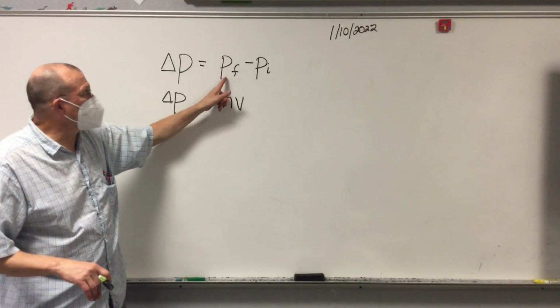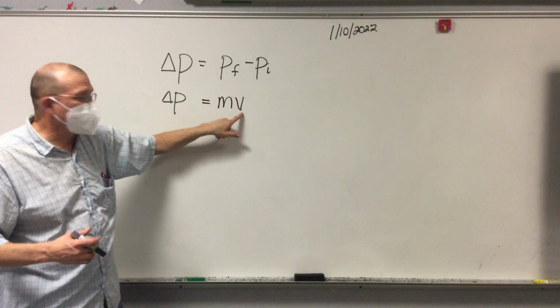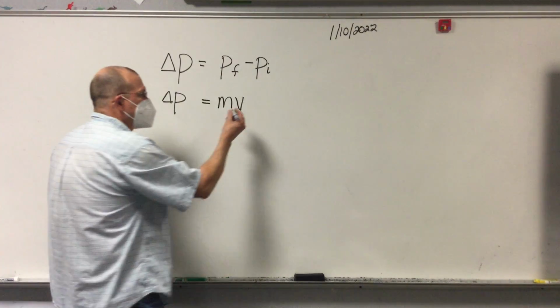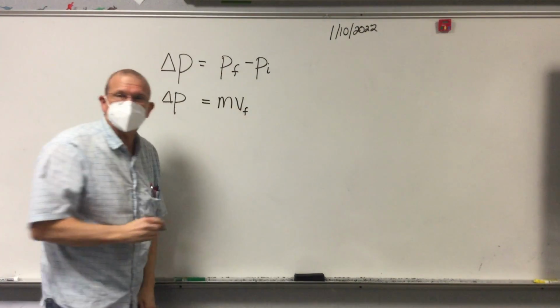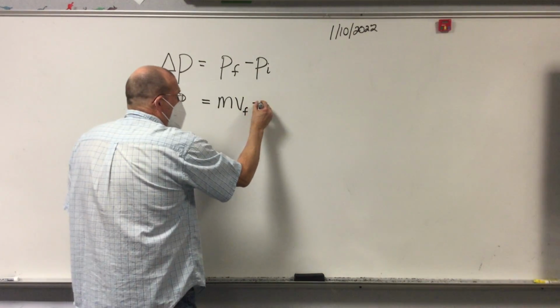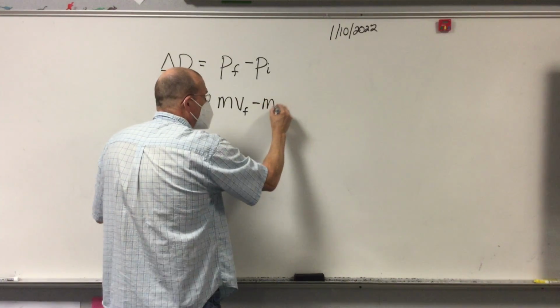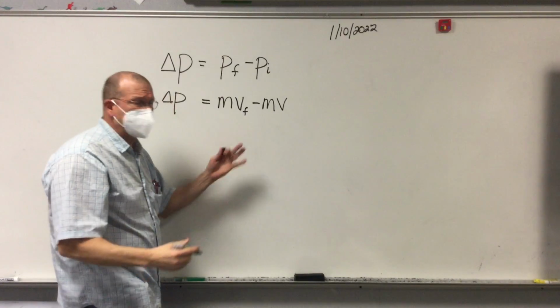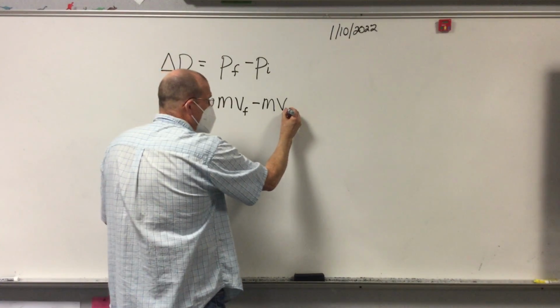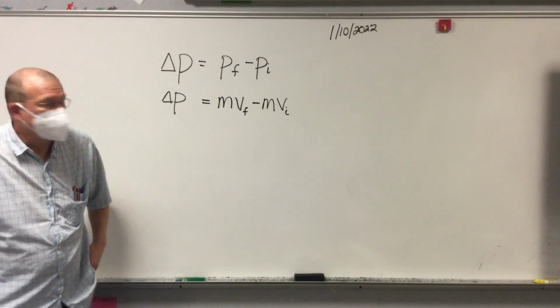So when we talk about gaining or losing momentum, the thing that's going to get the final or the initial subscript is going to be the V. So that means that our initial momentum will be the same exact math equation, except the V will be the initial velocity.